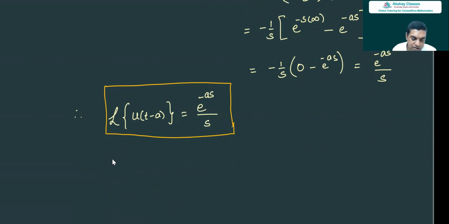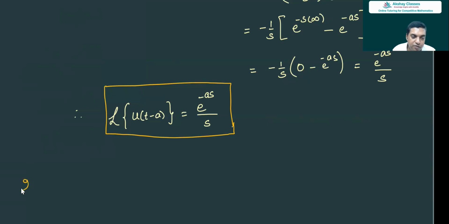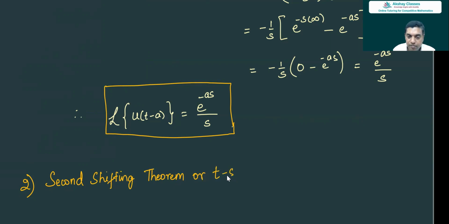Now using this, we can do the second shifting theorem that we have already discussed. So these are special functions, so we will link to this. So this is the second shifting theorem, or t shifting theorem.